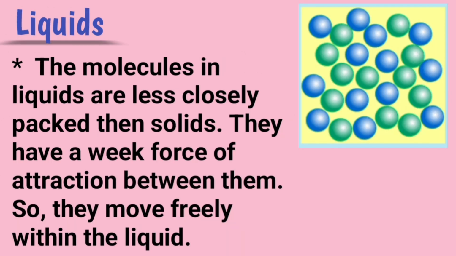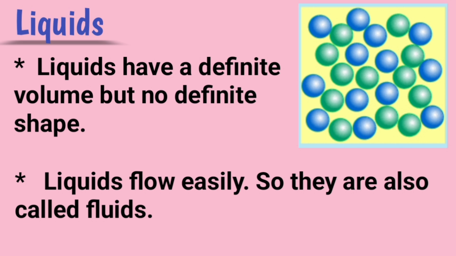Second one, liquids. The molecules in liquids are less closely packed than solids. They have a weak force of attraction between them, so they move freely within the liquid. Liquids acquire the shape of the container in which they are kept.